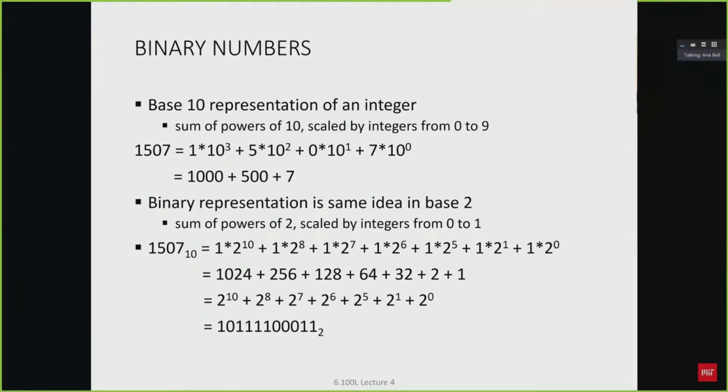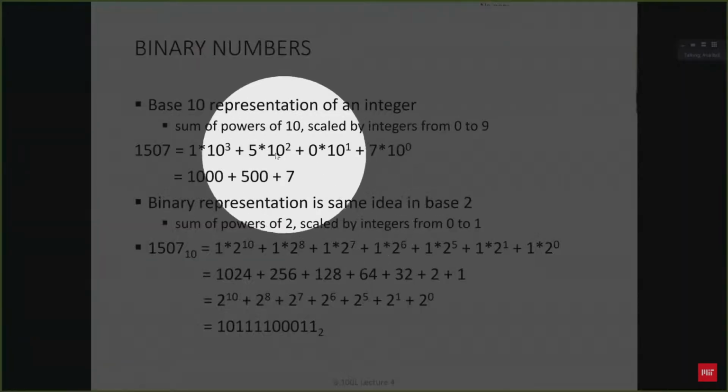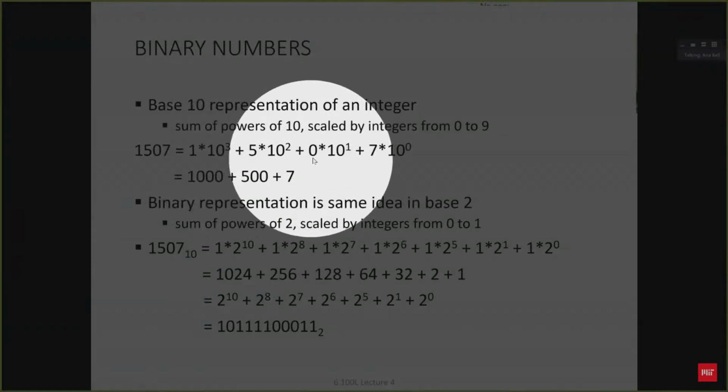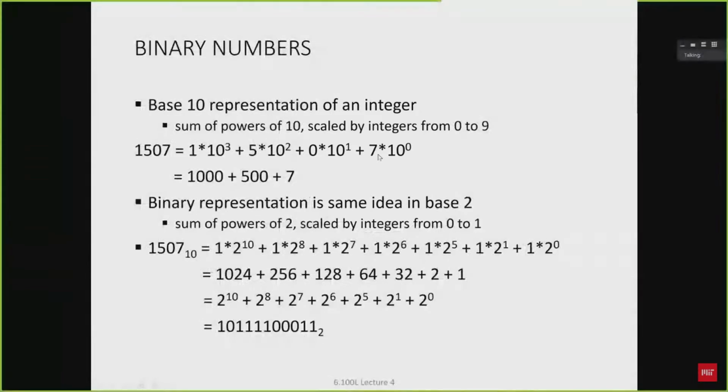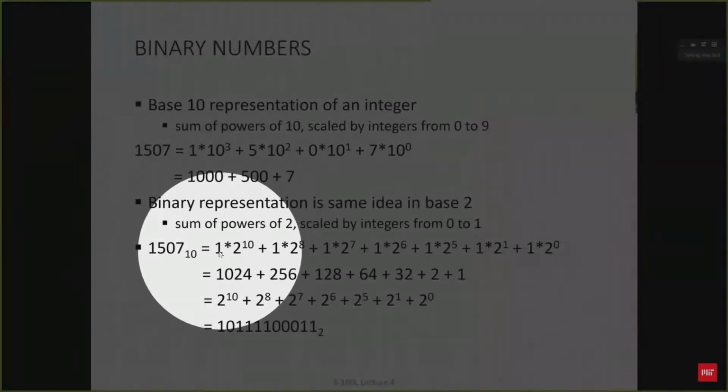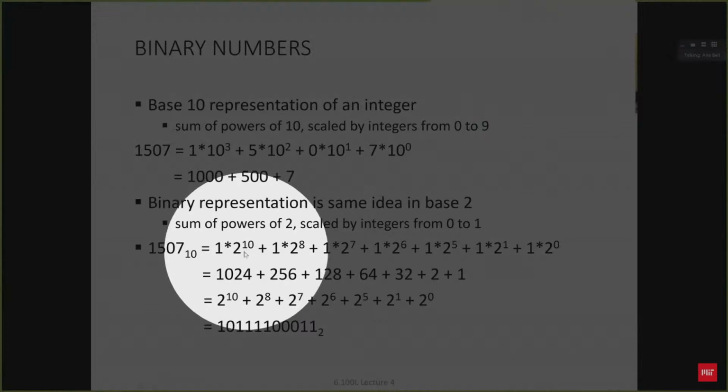So you don't need to know how to do the conversion, but it will give you an intuition for what's going to happen. So the number 1,507 in base 10, so that's what we have up here, is 1,000 plus 500 plus 0 times 10 plus 7, right? In base 2, we have a similar pattern. We have some whole number multiplied by some power of 2.